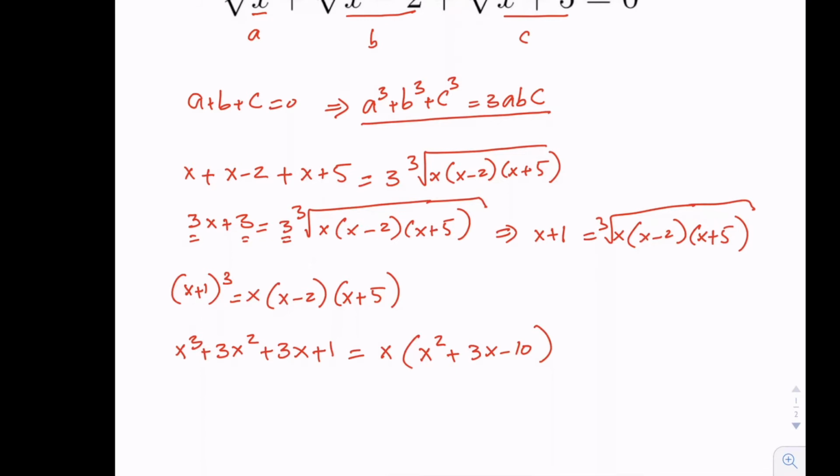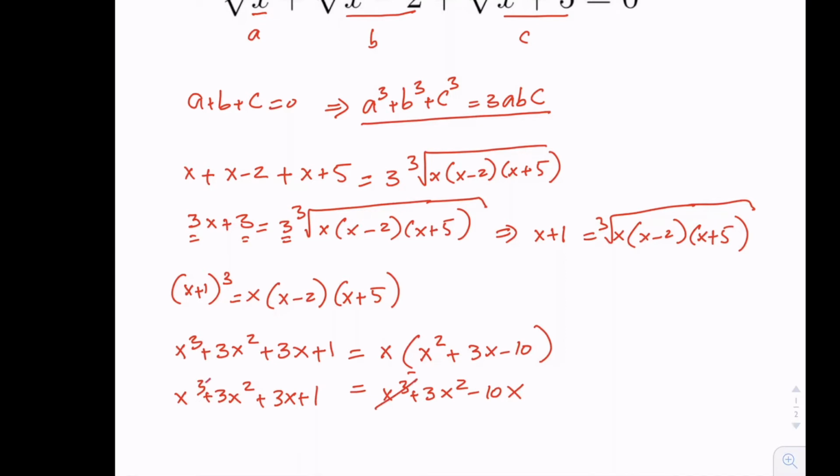And now let's expand x again into this parenthesis. So we get x cubed plus 3x squared minus 10x will be x cubed plus 3x squared plus 3x plus 1.